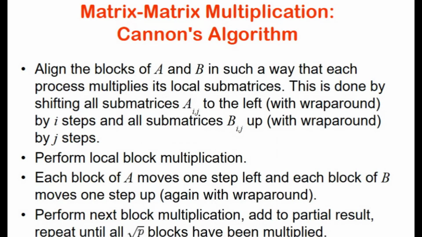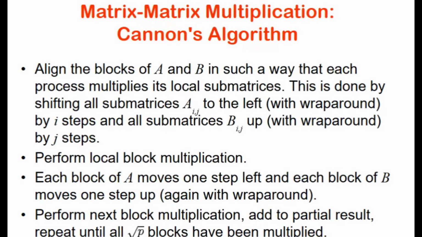The steps are explained. Align the blocks of A and B in such a way that each process multiplies its local matrices. It is done by shifting all submatrices Aij to the left and all submatrices Bij up in j steps. The Cannon algorithm is the one we have used here. It is a very smart way of organizing teamwork in matrix multiplication.